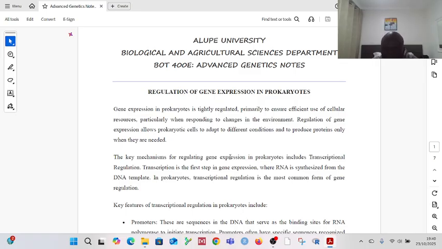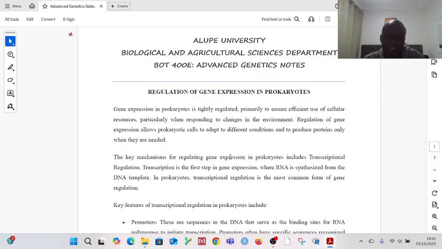So the mechanism of regulating gene expression within prokaryotes includes a regulation of the transcriptional mechanism. You remember that transcription refers to the first step in the gene expression mechanism, and it is this step that leads to the formation of an RNA transcript.